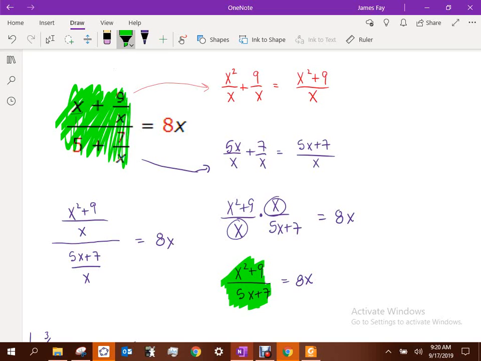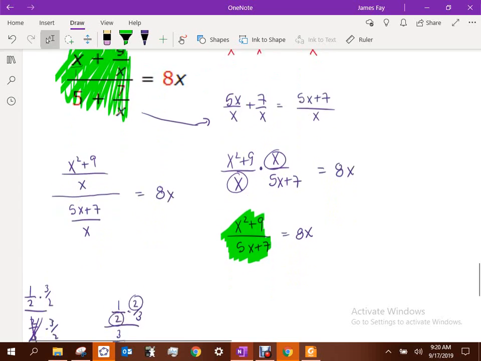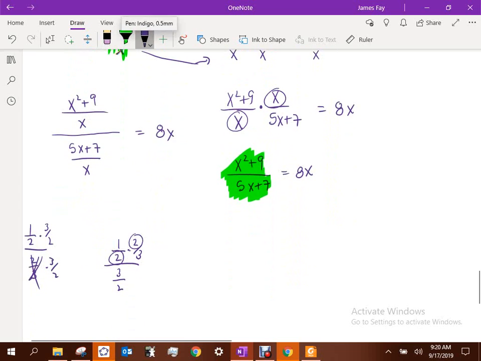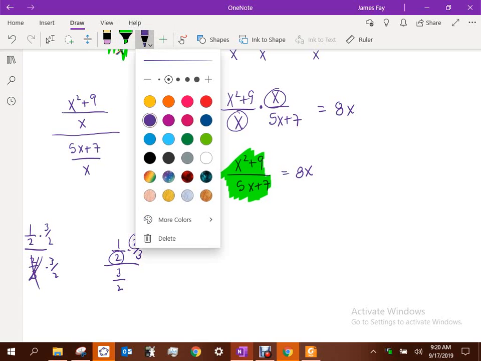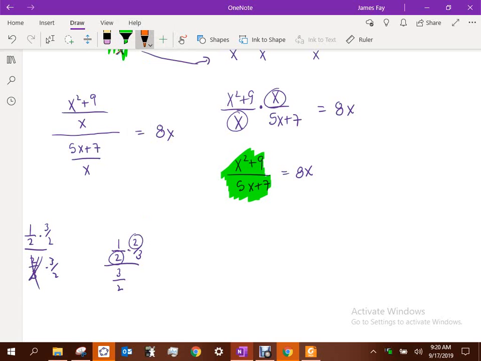Now, we've really just begun the question, because we have not attacked this as an equation yet, right? I've just condensed the left-hand side to a better looking fraction. If I have fractions in an equation, how do I get rid of those? Multiply by the LCD. The LCD here is 5x plus 7. So we cancel there, leaving me just x squared plus 9.